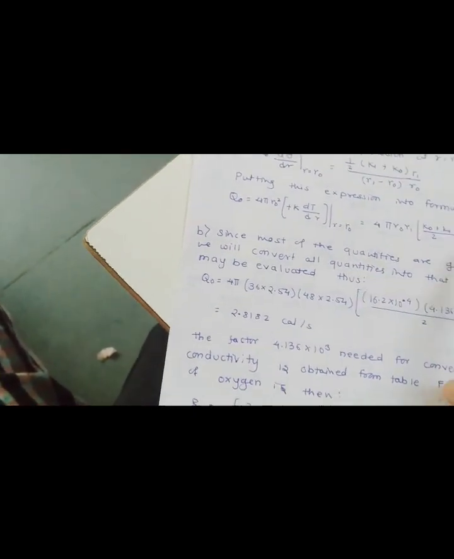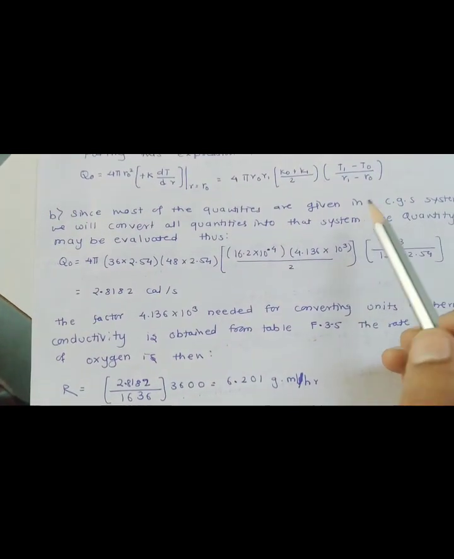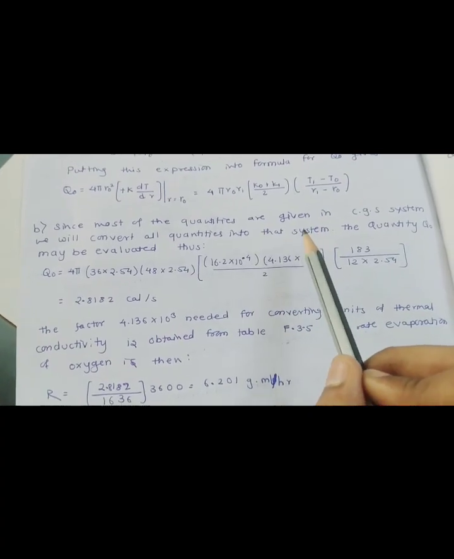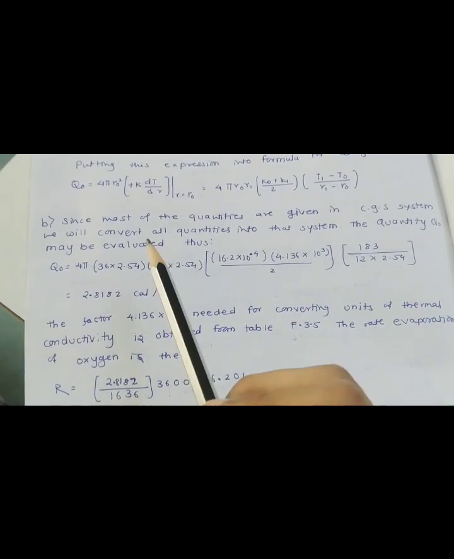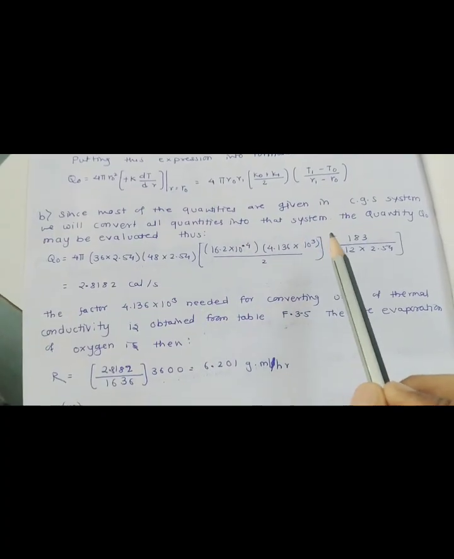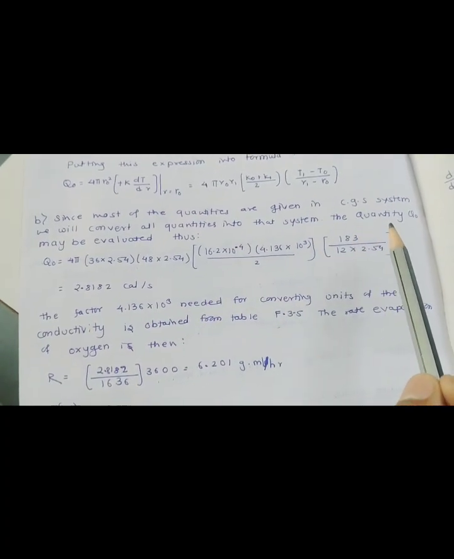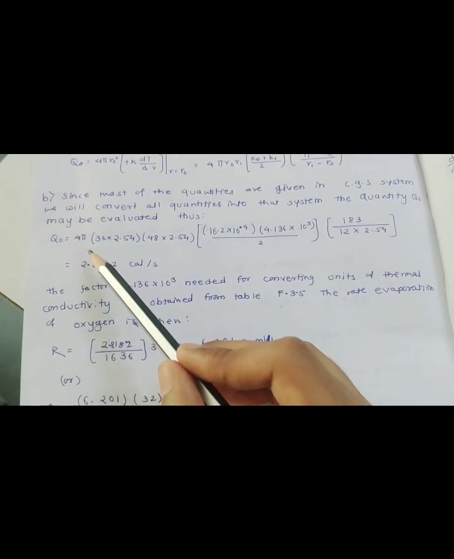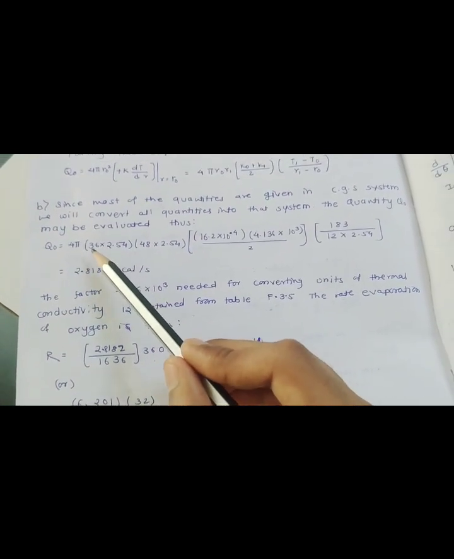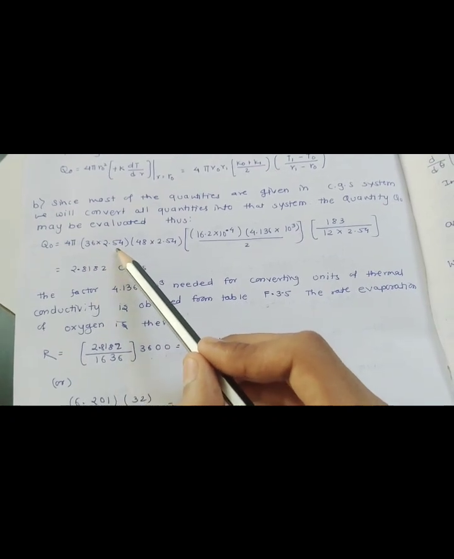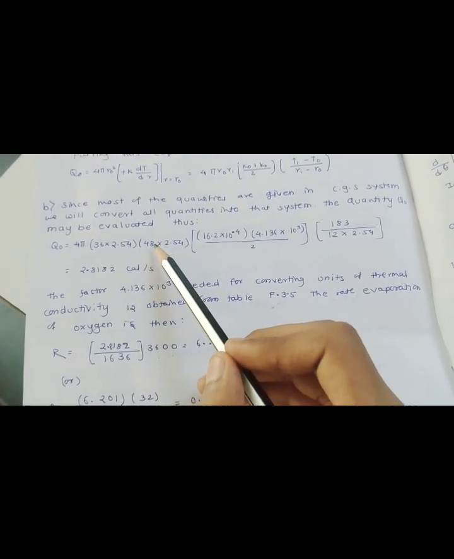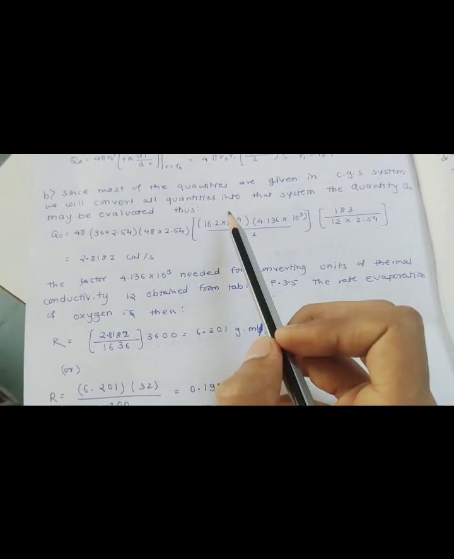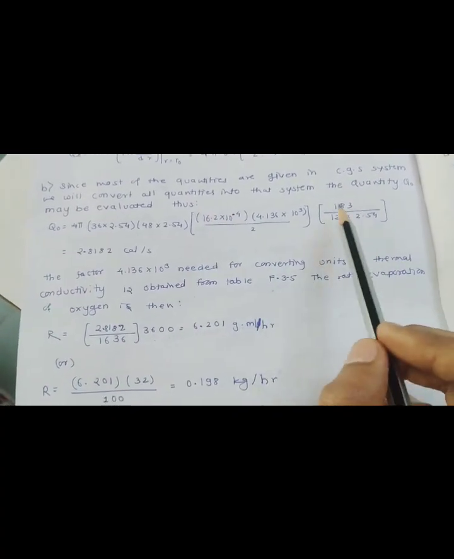Clear this. So for the second part, since most of the quantities are given in the CGS system, we will convert all quantities into that system. The quantity Q0 may be evaluated thus: Q0 equals 4 pi into 36 into 2.54 into 48 into 2.54, and these terms.